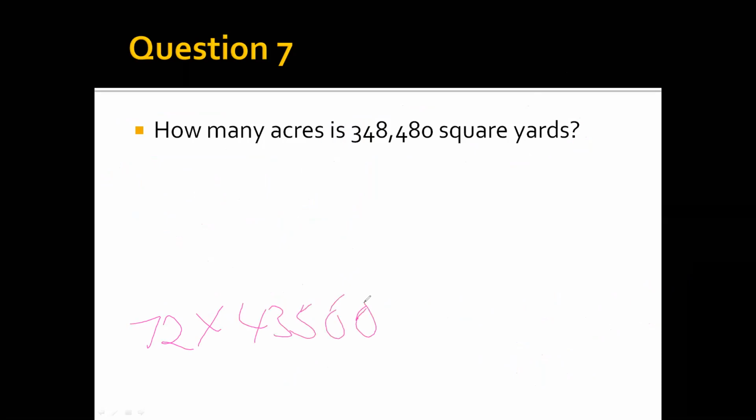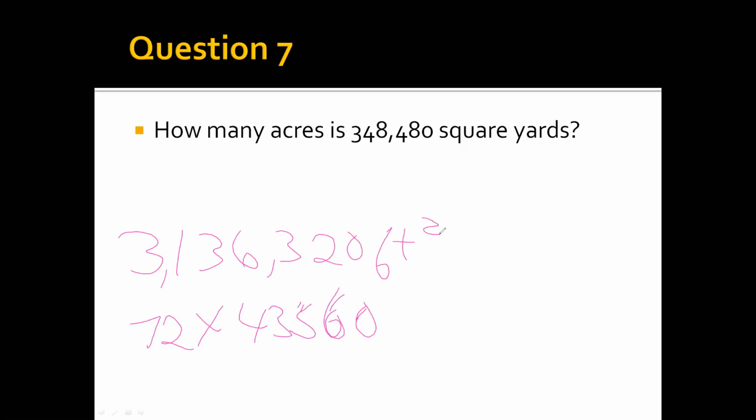That's how many square feet are in an acre, 43,560. So again, we're going to say 72 times 43,560. That's going to give us that big number, 3,136,320. Let's put our commas where they belong. And that's going to give us that many square feet, feet to the second power.